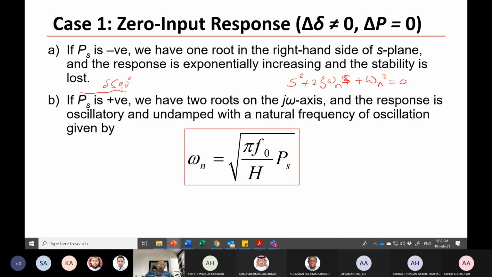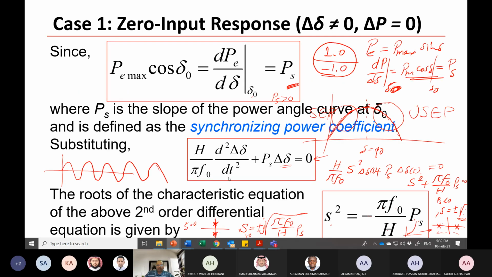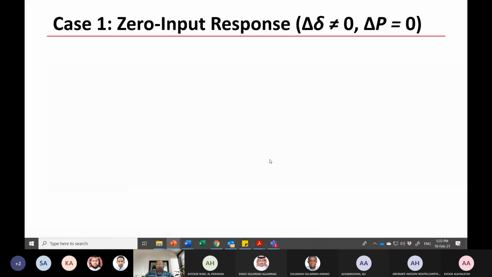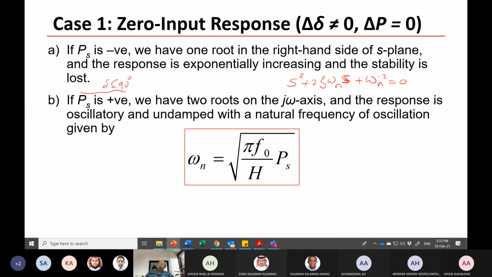So if you compare this with the previous one, if you multiply this by F0 and H here, you have S square plus this free term multiplied by F0 and so on. So from the previous equation, you have S square plus Bs multiplied by F0 over H equal to 0.